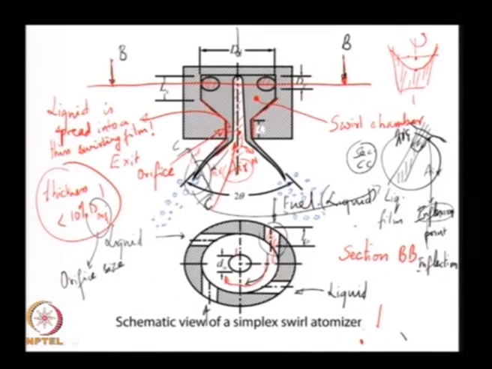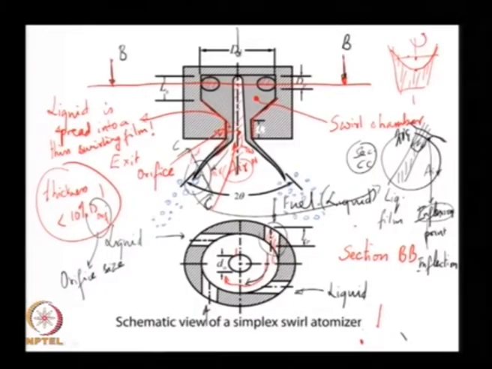We will look at this in some more detail in the next class, but there are breakup processes that are causing this film to break up into drops. This is our primary breakup process. Now, some of these drops may be further unstable and later on they may break down into even smaller drops, but that is our secondary process, and we are only going to focus on the primary process, which is what the nozzle is responsible for.